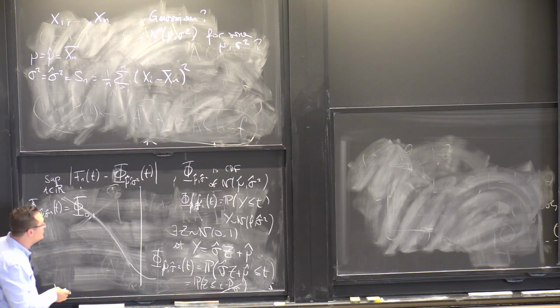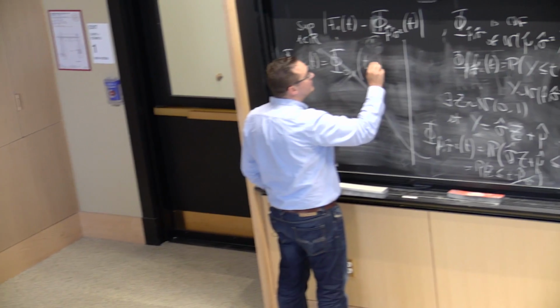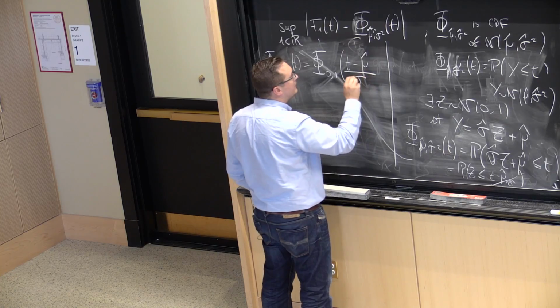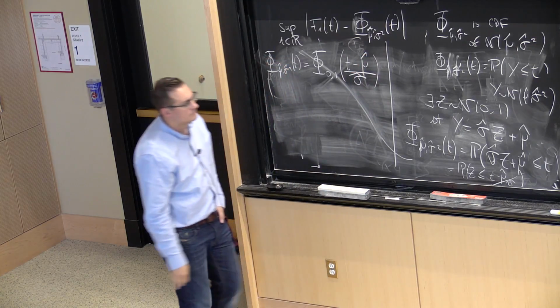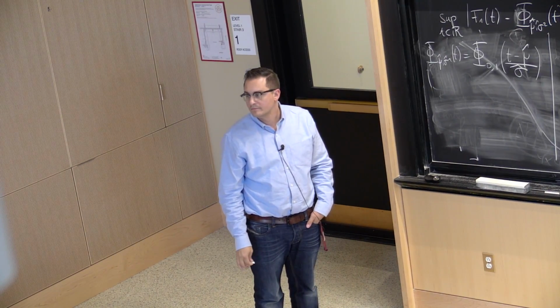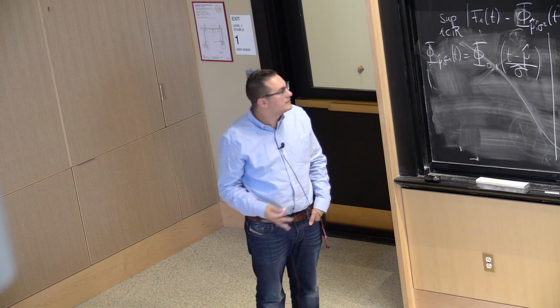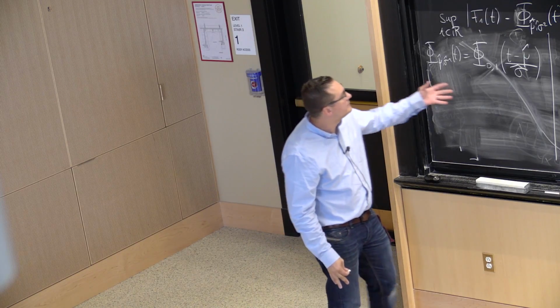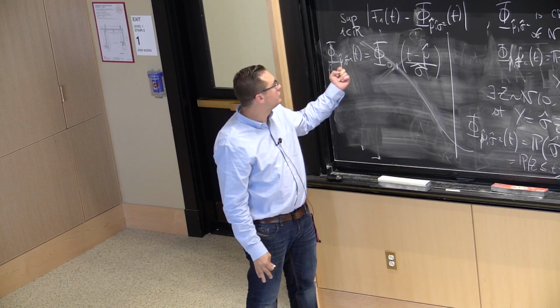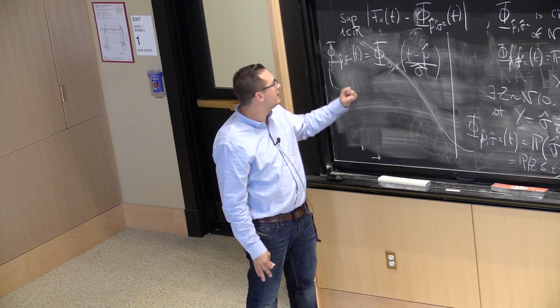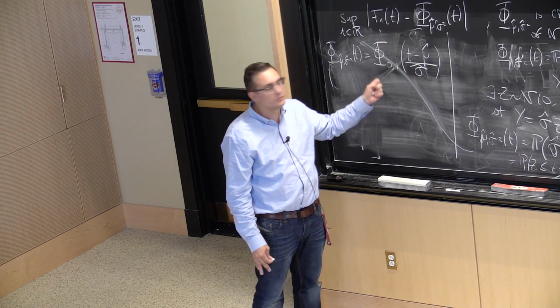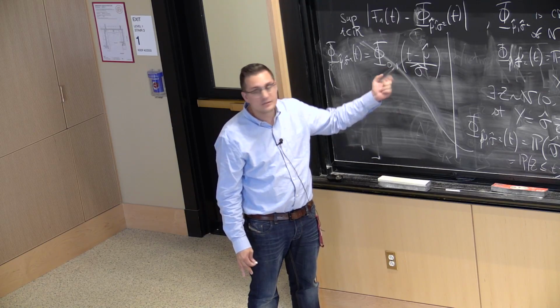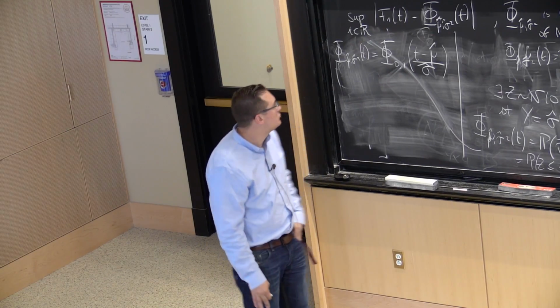So it's phi 0, 1 of t minus mu hat divided by sigma hat. OK? That's just something you can quickly check. There's this nice way of writing the cumulative distribution function for any mean and any variance in terms of the cumulative distribution function with mean 0 and variance 1. All right, not too complicated.